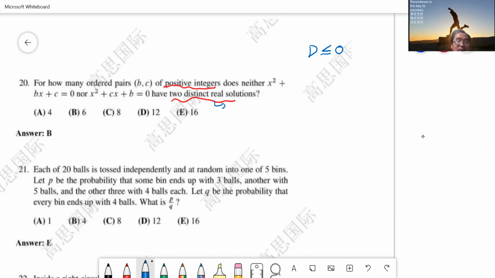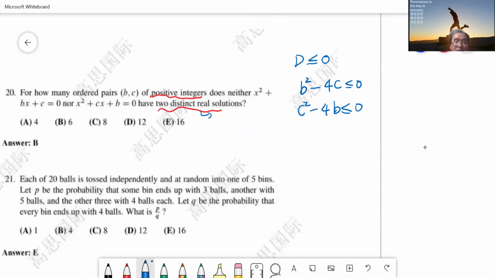Okay, so follow this idea. The first equation has no two distinct real solutions. That means the discriminant b squared minus 4ac, a is 1, so b squared minus 4c is smaller than or equal to 0, right? The second one, similarly, we have c squared minus 4b smaller than or equal to 0.